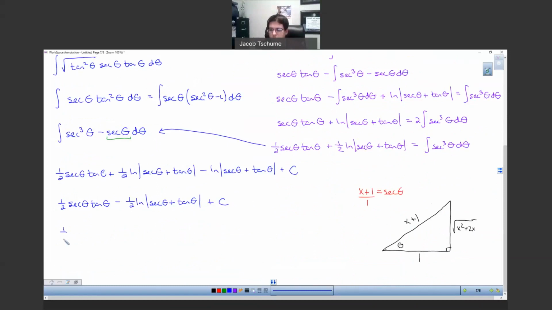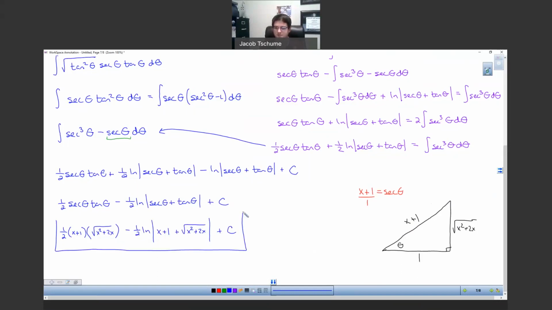So this would be 1/2 times secant of theta, which we already know is x plus 1. Tangent is opposite over adjacent, so that would actually just be the square root of x squared plus 2x minus 1/2 the natural log of secant theta, which is x plus 1, plus your tangent value, which is the square root of x squared plus 2x, and then plus c.